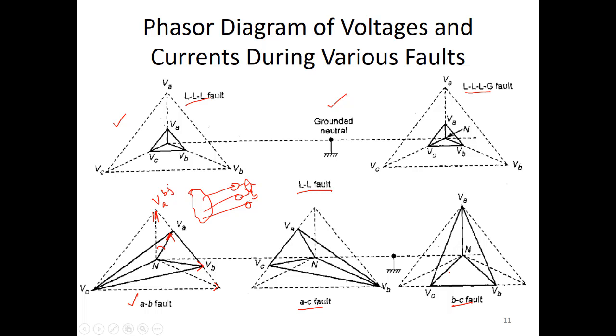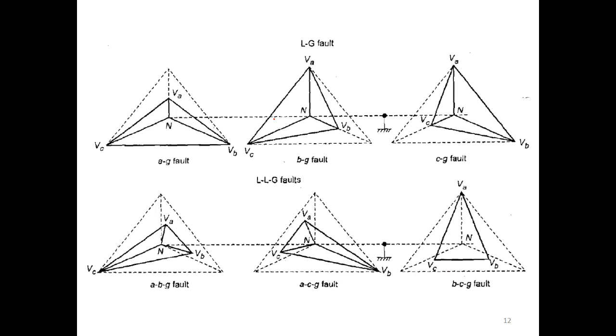We can see here. Similarly, we can see the line to ground fault, that is the single phase to ground fault, where only the voltage in phase A is dropping when the fault is between phase A and ground, and similarly the voltage at phase B is dropping when the fault is between phase B and ground.